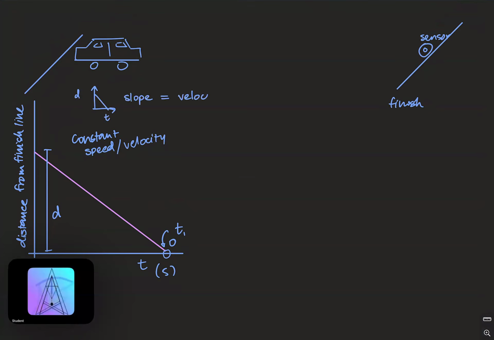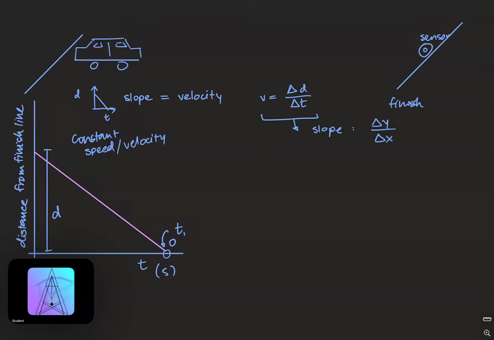This is something that you will learn in physics if you haven't taken physics already, but the slope of a distance versus time graph gives you velocity, because velocity equals change in distance over change in time. That looks exactly like the slope formula, which is change in y over change in x, except your axes have now changed to d and t, right?